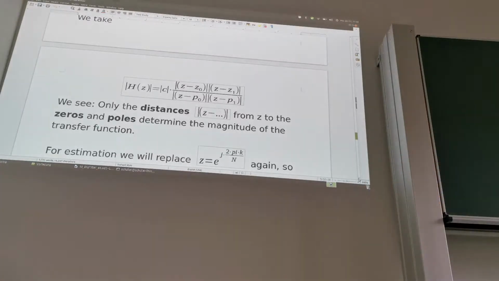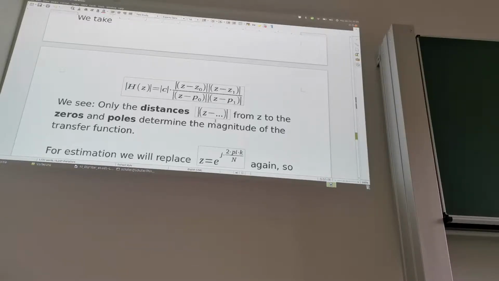Right? So we just have a product and division of magnitudes. And the magnitude here is basically just the distance between the current z and then the zeros, z0 and z1, or here the poles, p0 and p1. Right? So each of those magnitudes are distances.